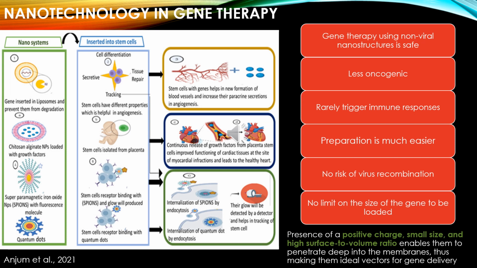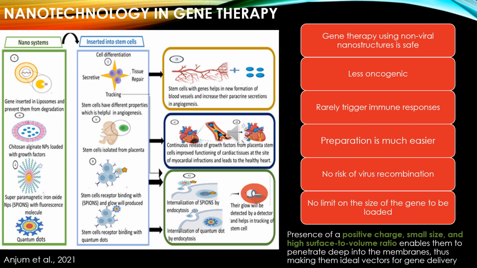And the fourth one is quantum dots. Quantum dots are made up of carbon particles that can easily be fabricated to hold the gene, and they can target the specific site because of their small size and large surface to volume ratio. When inserted into stem cells, which are easily differentiated and self-renewable, these have properties helpful in angiogenesis, that is, formation of new blood vessels.